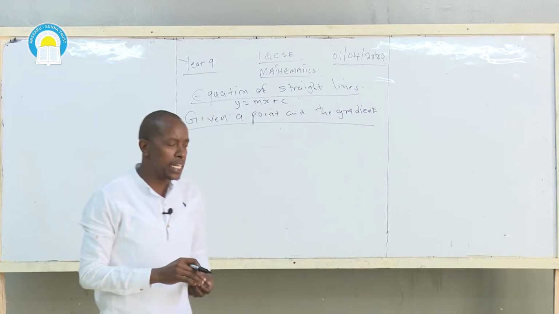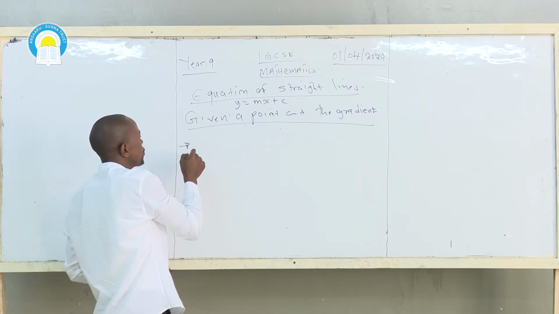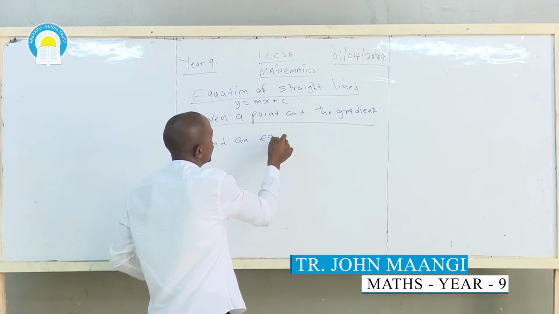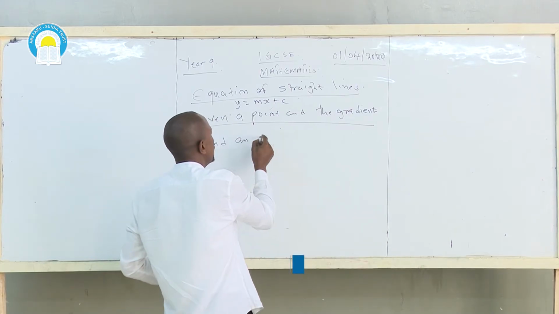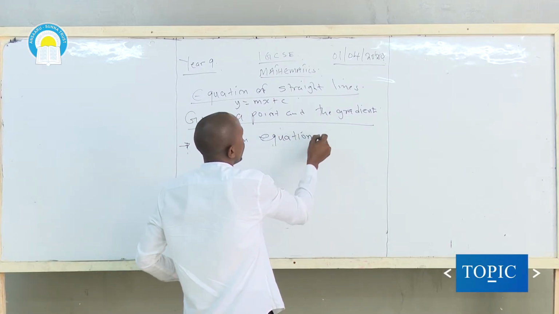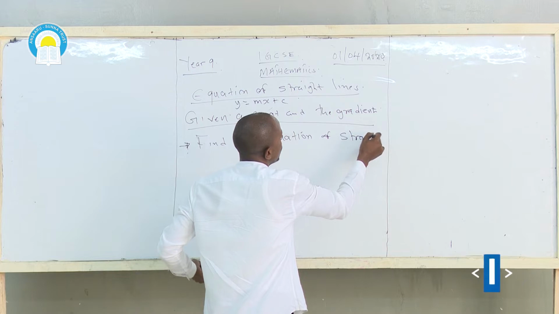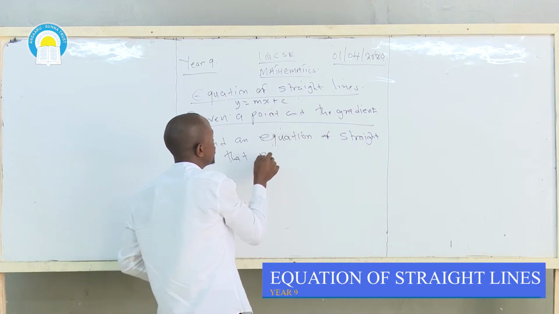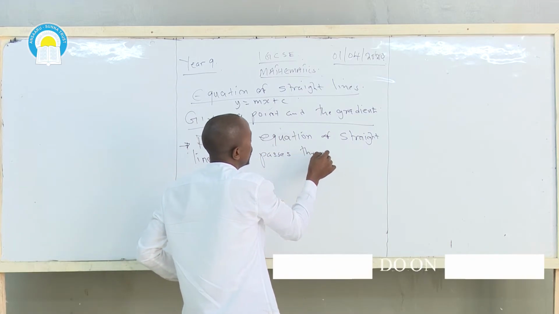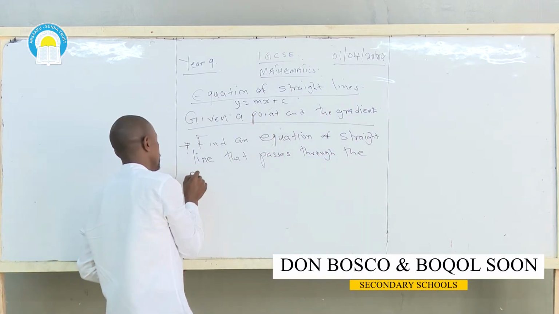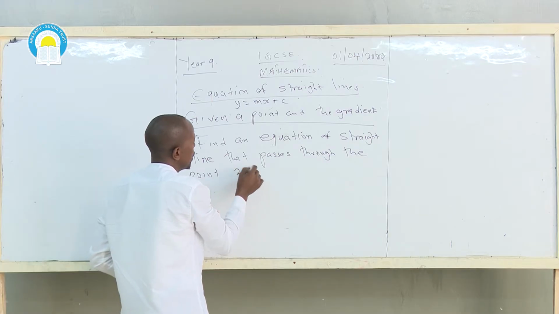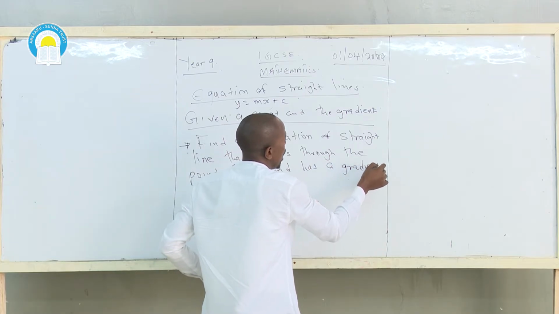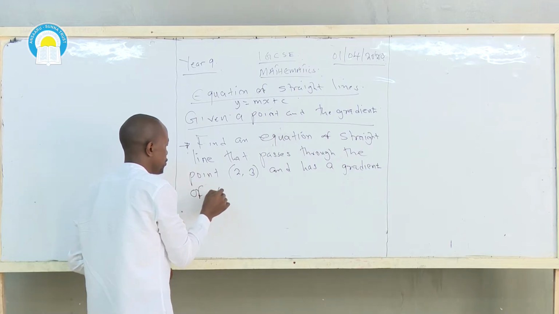For instance, find an equation of a straight line that passes through the point 2, 3, and has a gradient of 5.